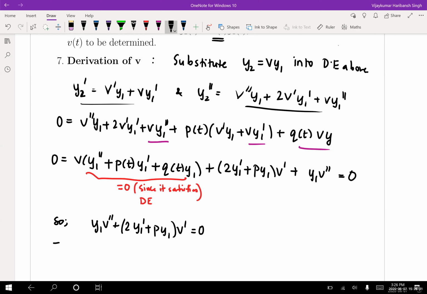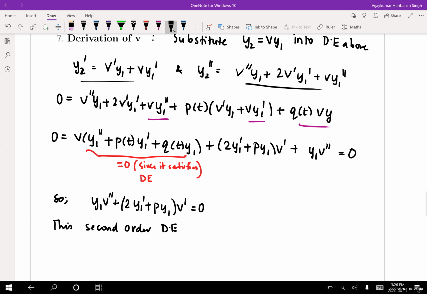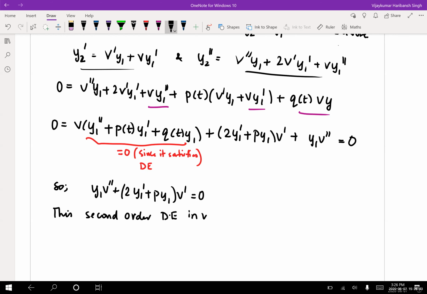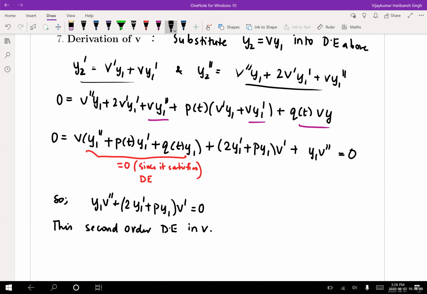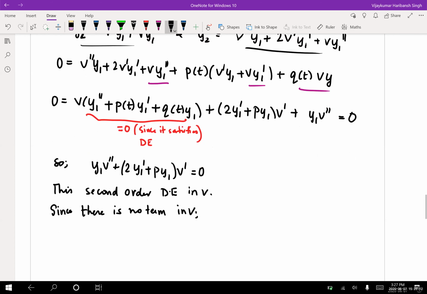Now this is a second order equation in v. Solving for v would correspond to solving a second order differential equation, so you didn't really get much out of it. However, that's not quite right, since there is no term in v. What we can do is reduction of order.